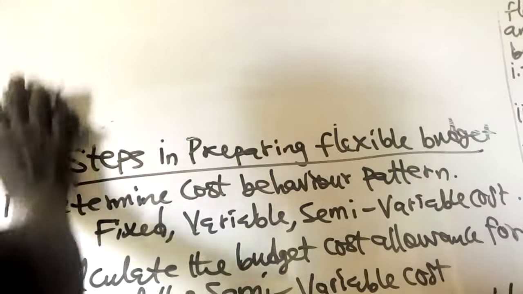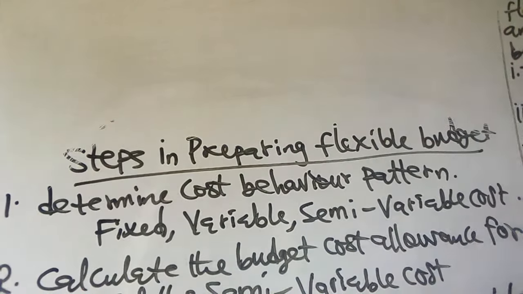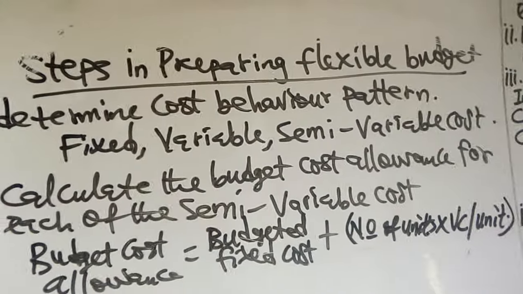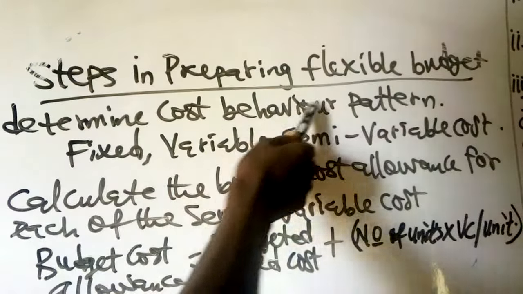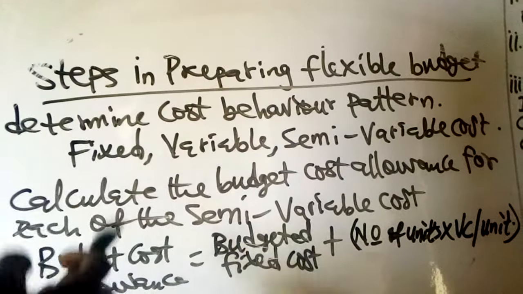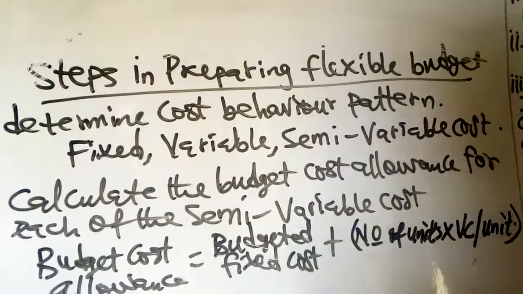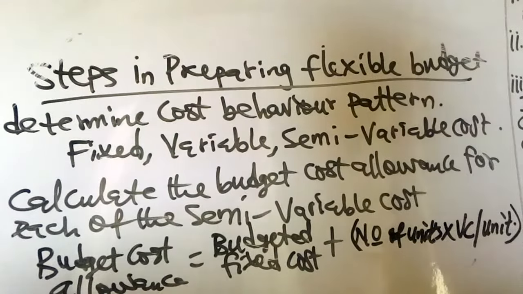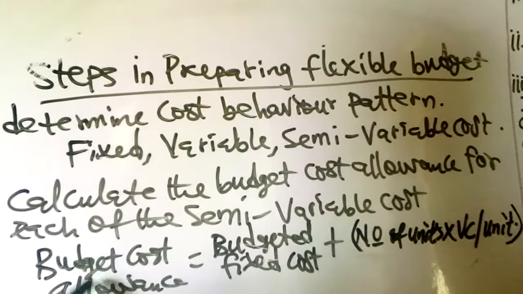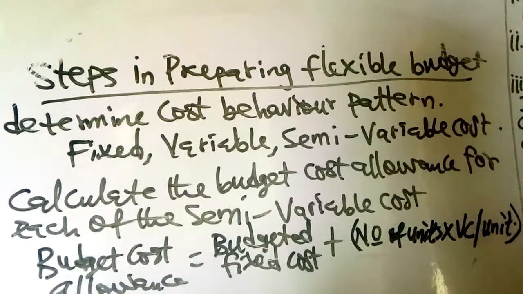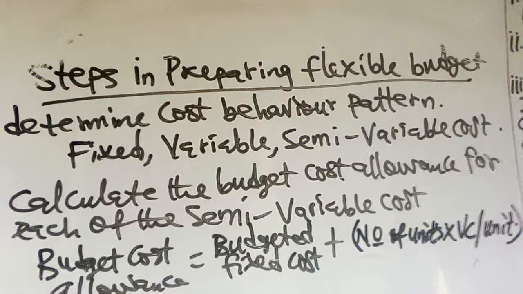Steps: number one, determine the cost behavior pattern, that is, the fixed cost, the variable cost, and semi-variable cost. The second step is to calculate the budget cost allowance for each of the semi-variable costs, using the high and low method to segregate the semi-variable cost into fixed and variable components.